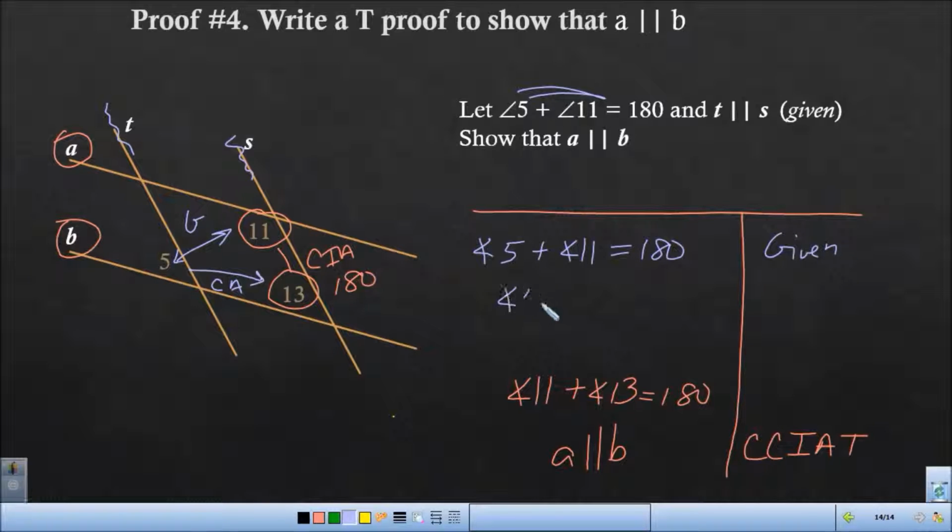Angle 5 is congruent to angle 13, corresponding angles theorem because T is parallel to S. And then we can make a substitution. So here it is. We're going to replace 5 with 13. All right, and that gets us this statement by substitution.